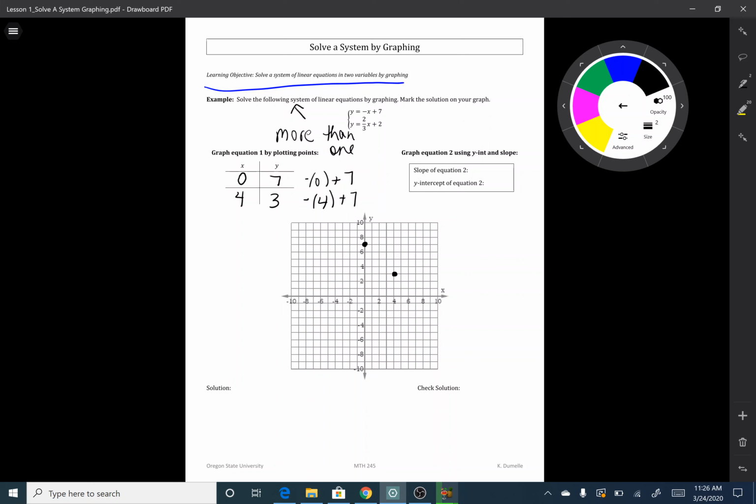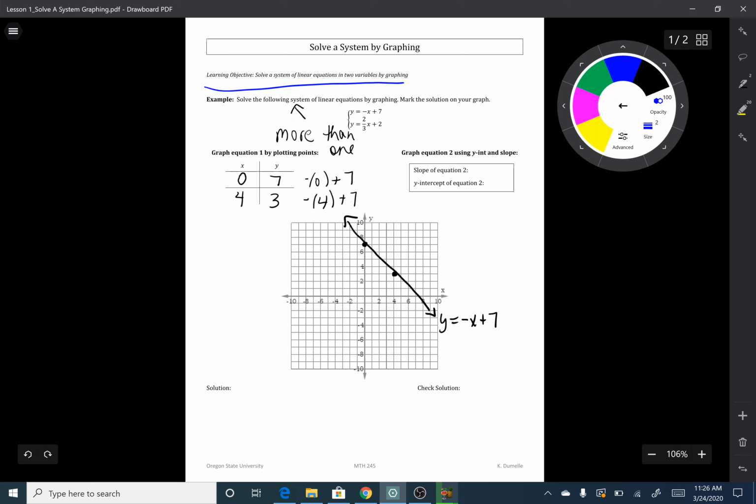These are the 2 points that I found by plugging in 2 x values into my equation. And now I can simply draw a line connecting them and draw an arrow on either side. So my line will look something like this. So this is y equals negative x plus 7. That's our first one.